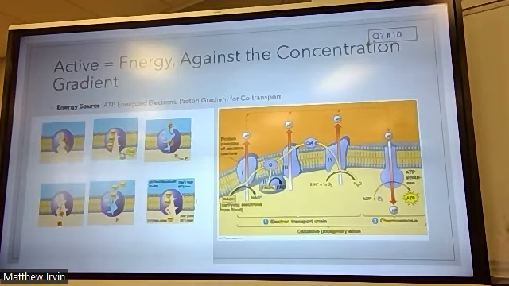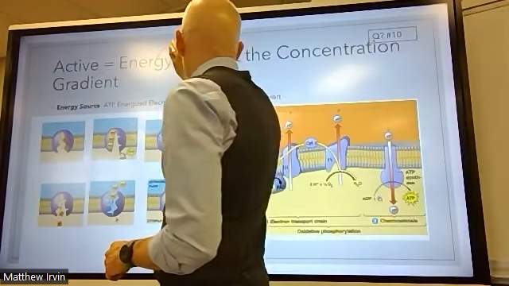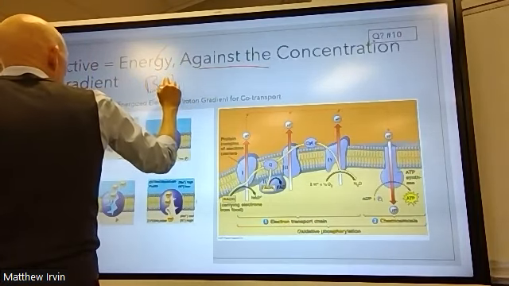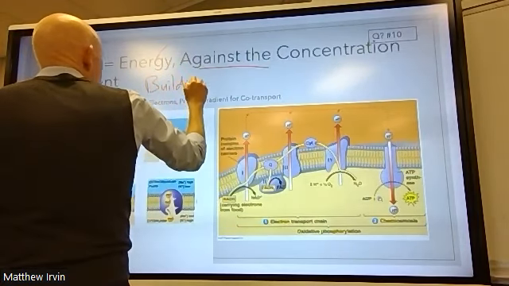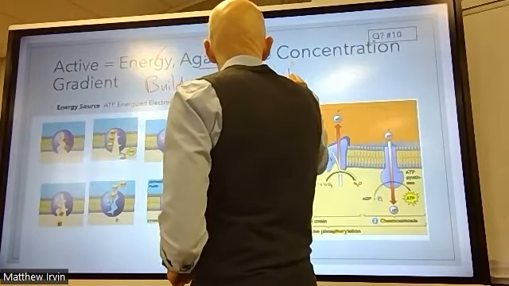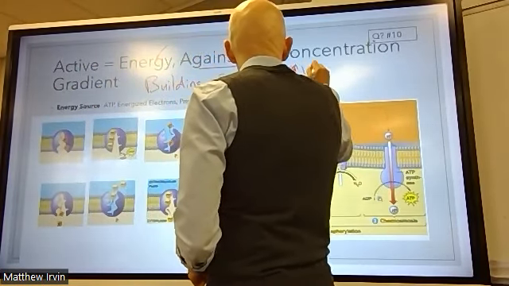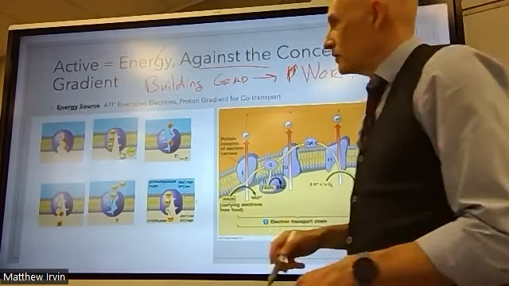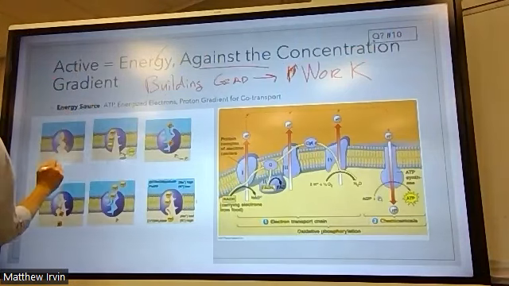Active transport, of course, we need energy. We are going against the concentration gradient. So we are building the gradient to do some type of work. So our main ones, we've got our sodium-potassium pump.